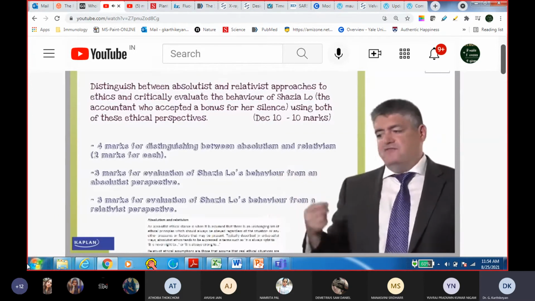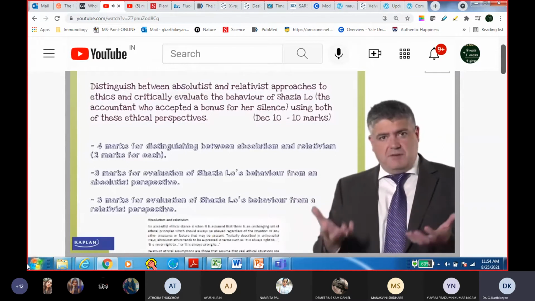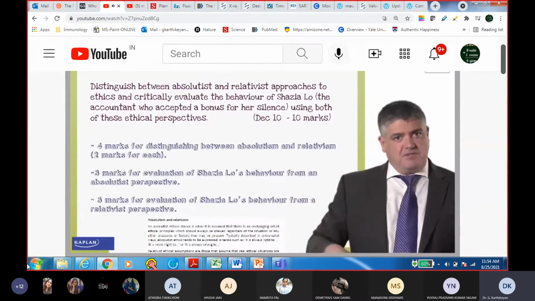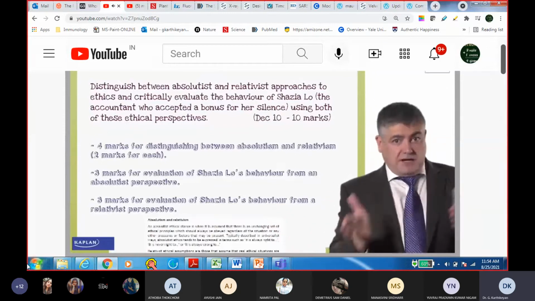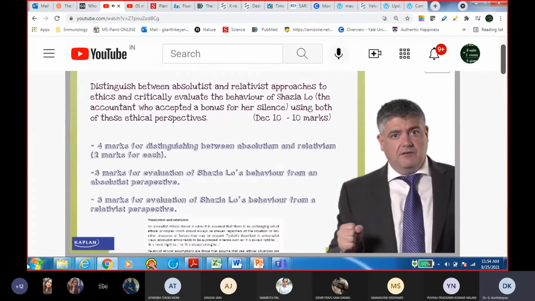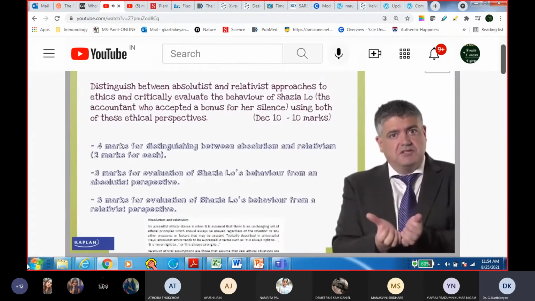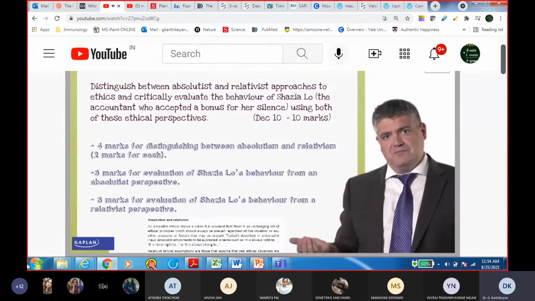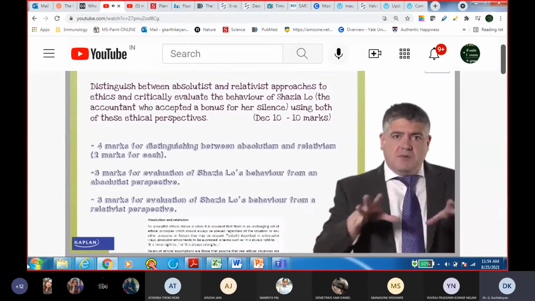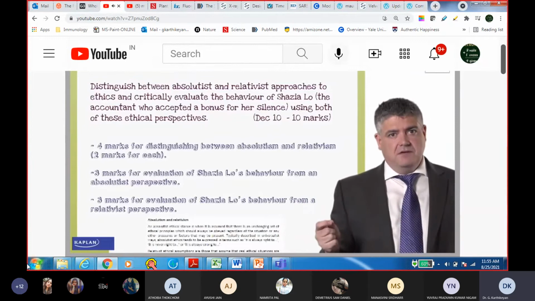There were 4 marks for looking at and distinguishing the 2 types of ethical position, absolutism and relativism. So by using some of the words and phrases that I showed you on the previous slides, you could get up to 4 marks. An absolutist view doesn't change over time, whereas a relativist will be more situational. You then get marks for applying those perspectives to the situation in front of you.